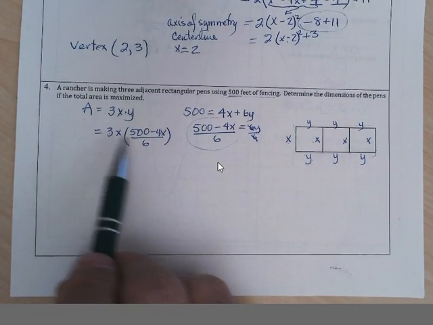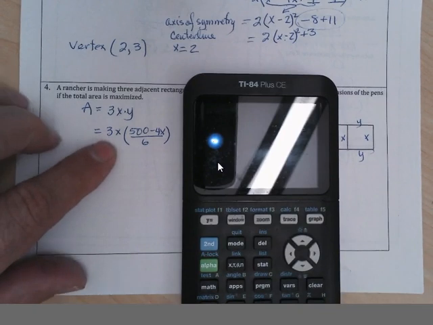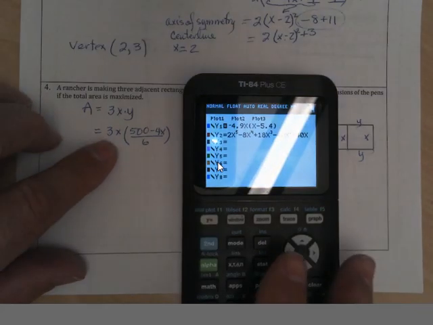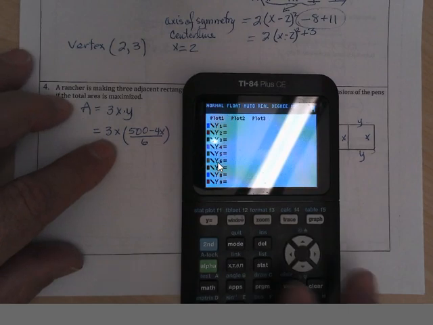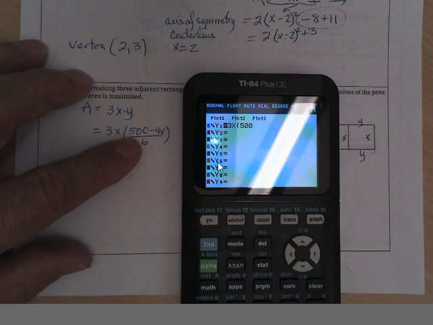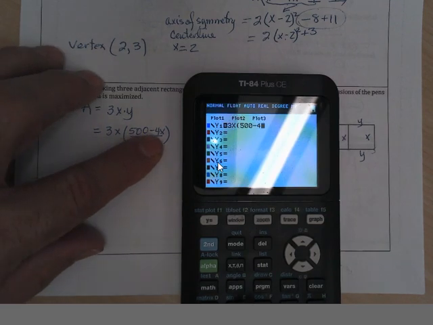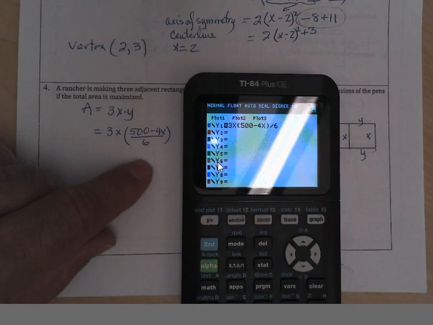Now I could reduce the 3 with the 6, but don't need to. I could just type it in. So that's 3X parenthesis 500 minus 4X close parenthesis divided by 6.